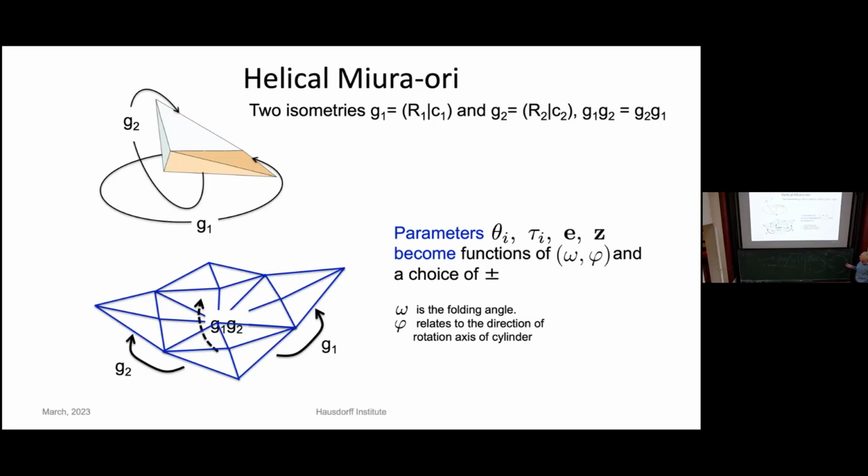But now I take G1 and I apply it, instead of applying it just to this edge, to the whole partly folded structure. And it's an isometry, so it gives me another copy of the structure. And of course, they agree there because I did that. And I take G2 and apply it to this structure, and it maps this into this, but I apply it to the whole structure and it gives me this into that.